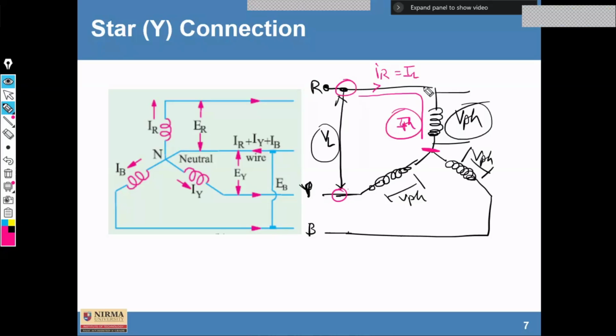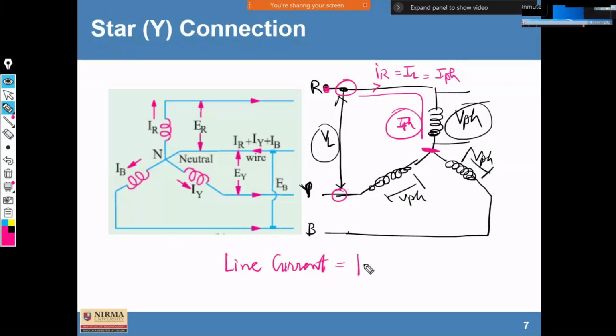So here, for star connection, we can say IR is equal to IL is equal to IPH. A similar current will flow from line to phase up to the neutral point, and similarly here also. So we can say in star connection, line current is equal to phase current.